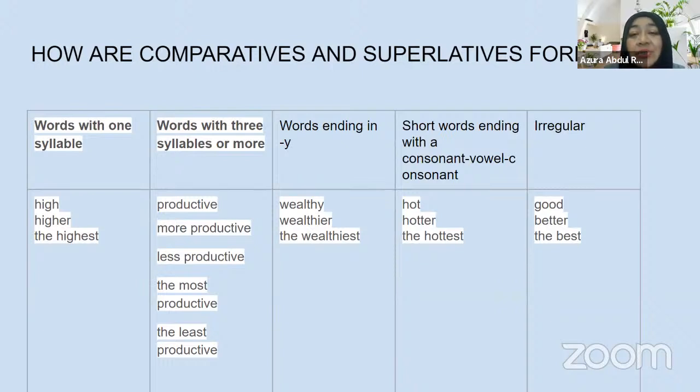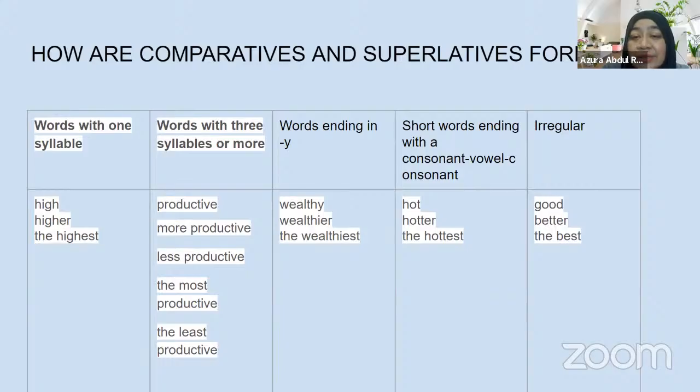Okay, when it comes to words ending in the letter Y, the root word is wealthy. And then if it's a comparative, you put IER, wealthier. And if it is a superlative, you put the wealthiest.